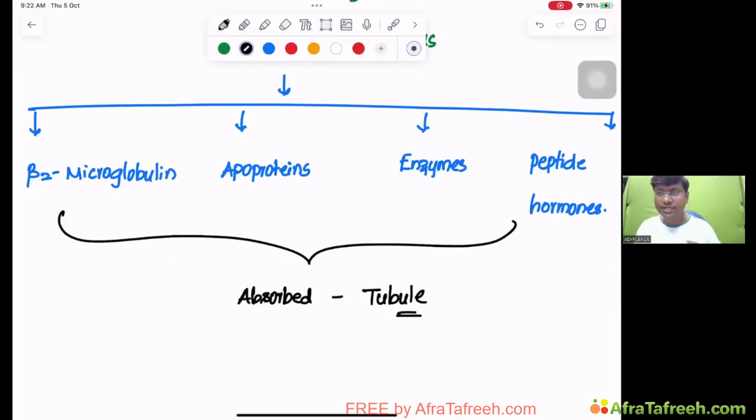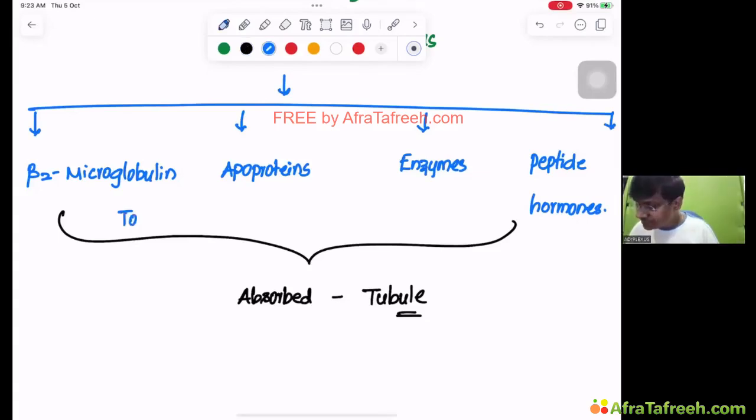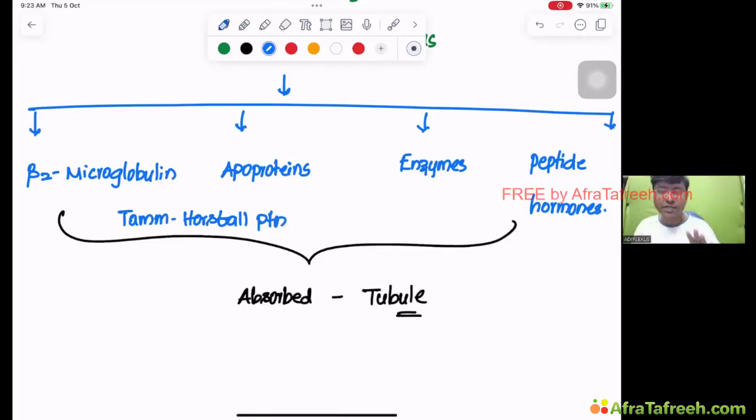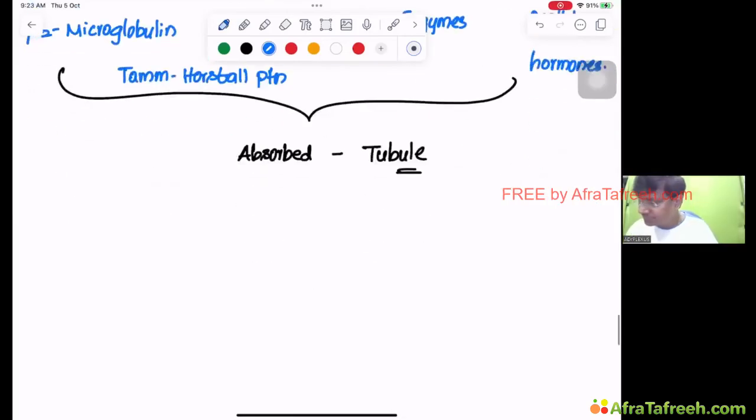Not only that, we have one more protein, that is Tamm-Horsfall protein. Now, let me tell you the differences between glomerular proteinuria and tubular proteinuria.